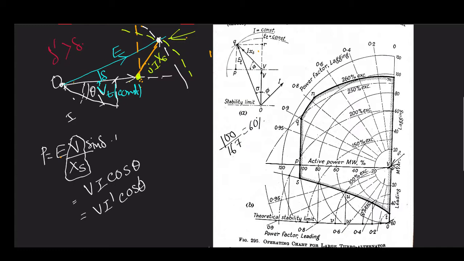Once you disregard it, then you get your underexcited V, meaning that when you are not giving any excitation, this point is here at 60. Otherwise it would give you some value here in the negative direction.